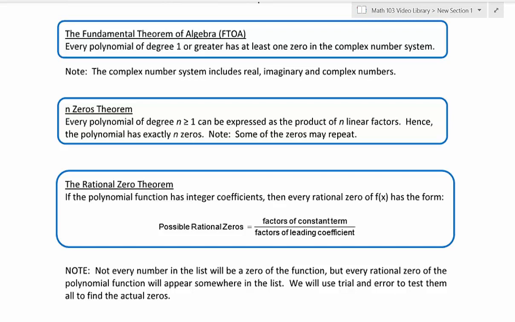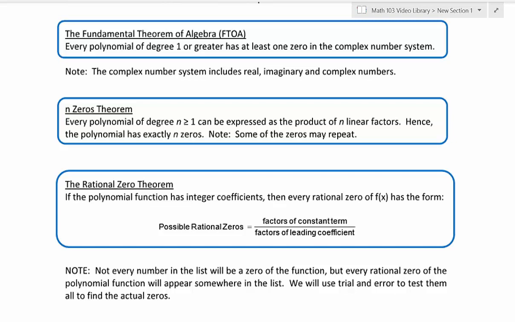And this polynomial of degree 1 or greater has at least one zero in the complex number system. Really what this theorem says is if you have a polynomial that has a variable in it, there is going to be some sort of zero, a solution when you set it equal to 0 and solve. It might be real, it might be purely imaginary, or it might be complex.